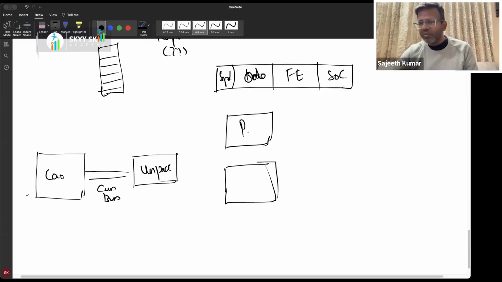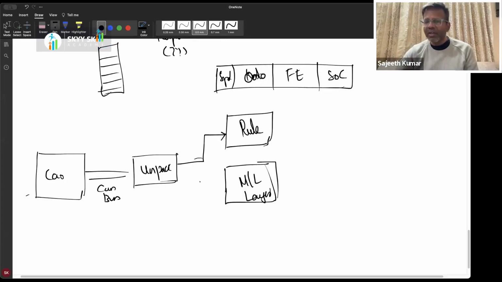The first one would be rule-based diagnostics, which we have already seen, or there could be a machine learning layer to it. A machine learning layer will predict what the signal should be, and if the signal is not exactly what it predicted, then it throws up an error.